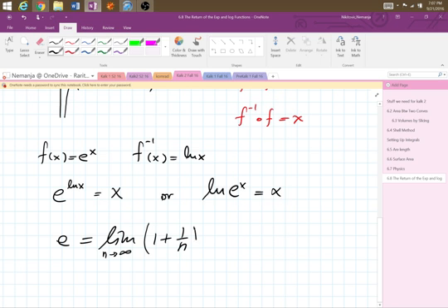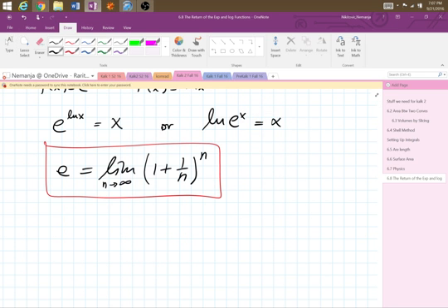Exactly. Very good. So we're going to need this one actually for our course. So make sure you study that one. Compounding, yeah.